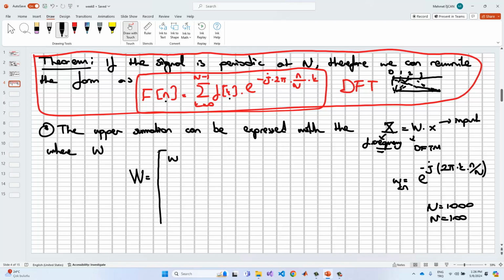So in the first place, this W_kn is collected with the W^0, because we have the x values in here, x0, x1, x2, and xn.